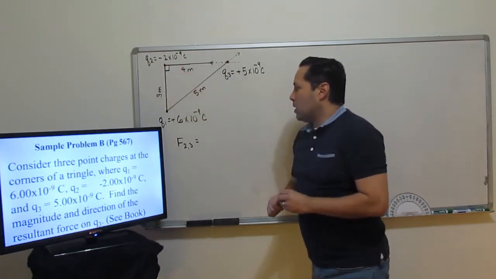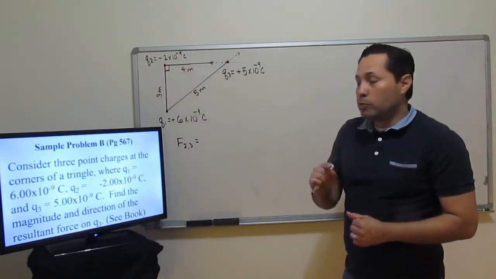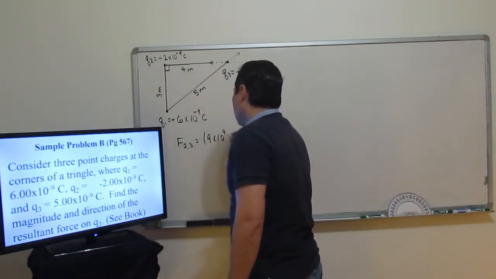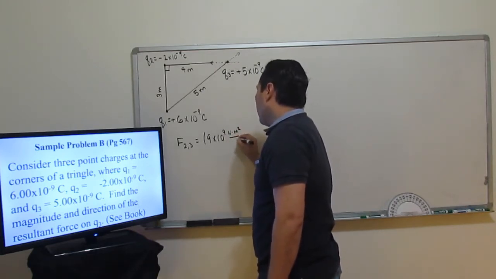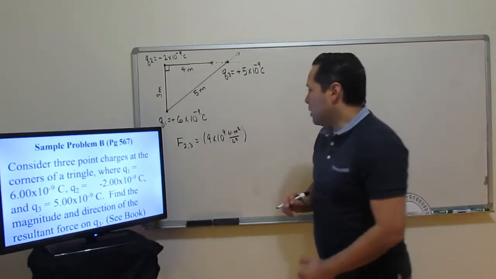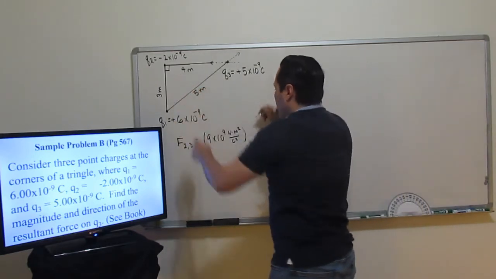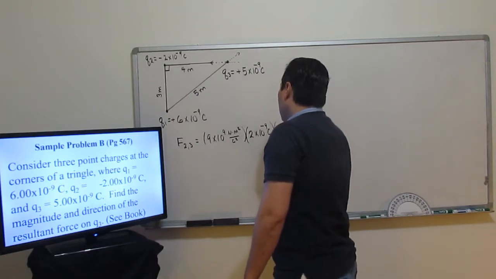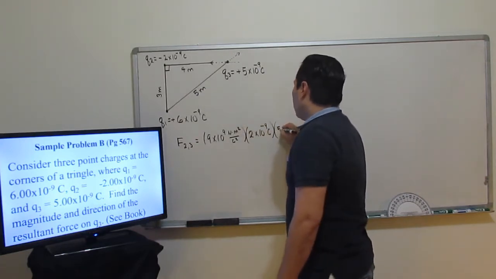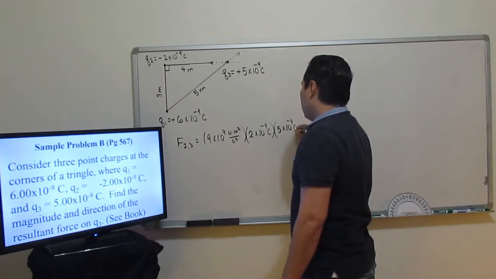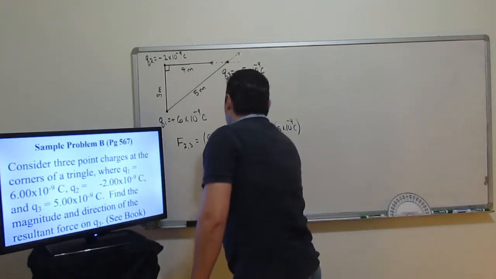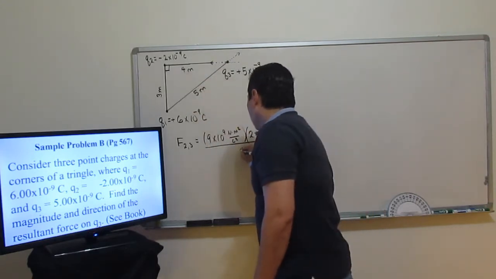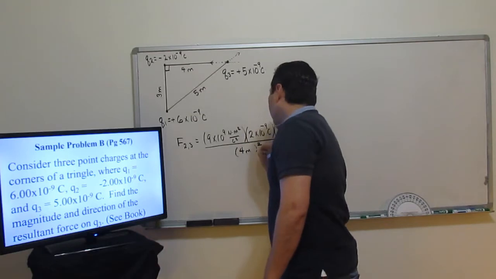So between 2 and 3, it's equal to Coulomb's constant, which is 9 times 10 to the 9 newtons times meters squared over coulomb squared, multiplied times the 2 charges, 2 times 10 to the negative 9 and 5 times 10 to the negative 9 coulombs. All of it is divided by the distance between them, which is 4 meters, and that is squared.